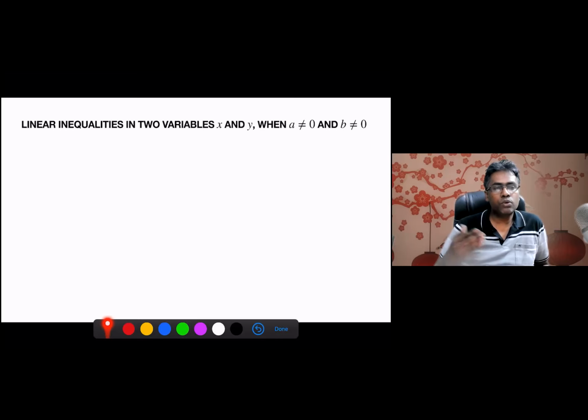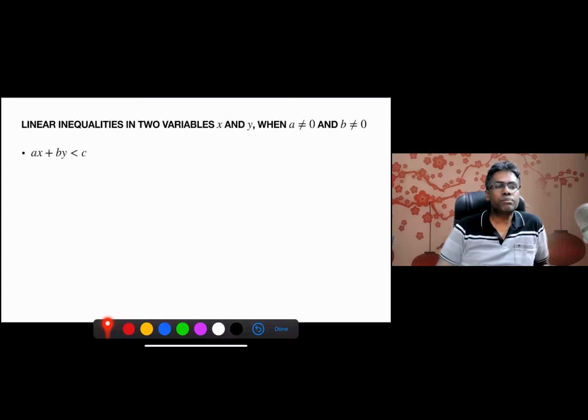And then a few other things. Linear inequalities in two variables. We have just seen linear inequalities in one variable. Here we are looking at linear inequalities in two variables, x and y. Suppose a is the coefficient of x and b is the coefficient of y, because we want those variables to be meaningfully represented. We don't want a and b to be 0, so a is not equal to 0, b is not equal to 0.